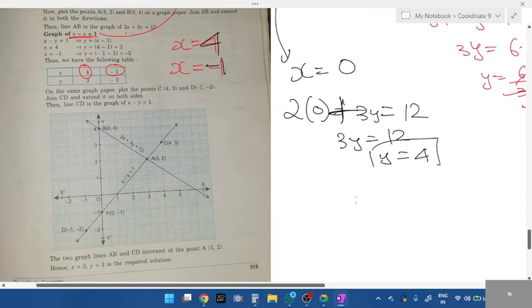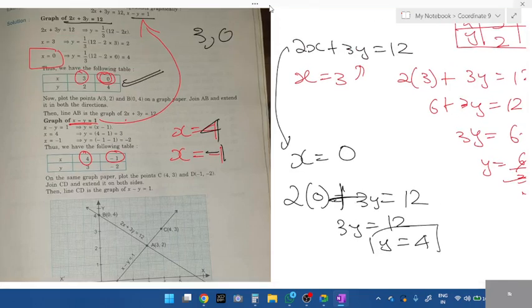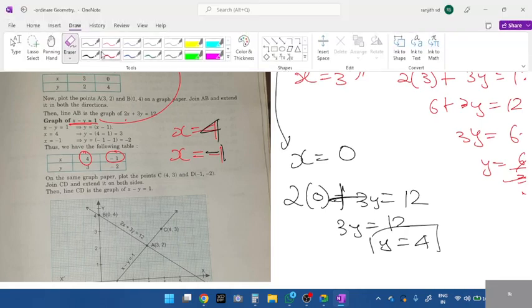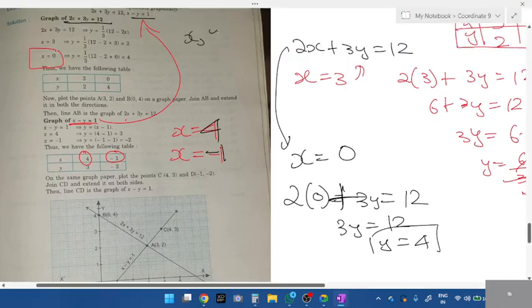Once you get the values, tell me the points, students. For the first question, what are the points we have? All of you respond. Not 3, 0, because you're taking the x value and getting the y value. It is 3, 2. Bhargavi, if you take 3, 0, you're taking both y and x values, right?